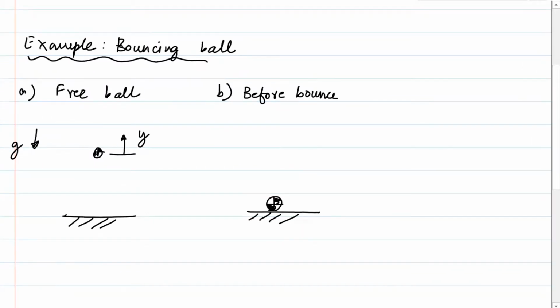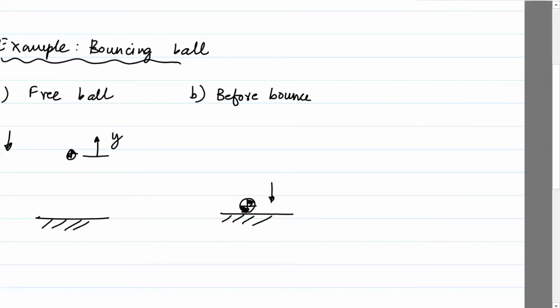In this phase, the velocity of the ball is y dot. In this course, we'll write the velocity with a negative sign to indicate that it's the velocity just before bounce.